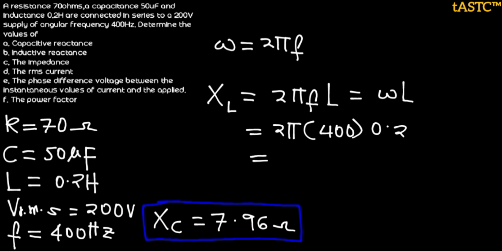So let us find what that is going to give. That gives us 502.65. So this is X sub L, I'm going to place it here.